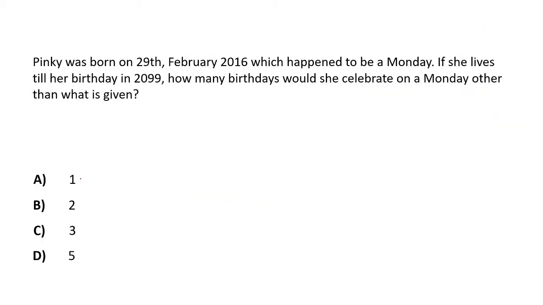Here we have a question based on calendars. It's given that 29th February 2016 happens to be a Monday. If she lives till her birthday in 2099, how many birthdays would she celebrate on a Monday other than what's given?